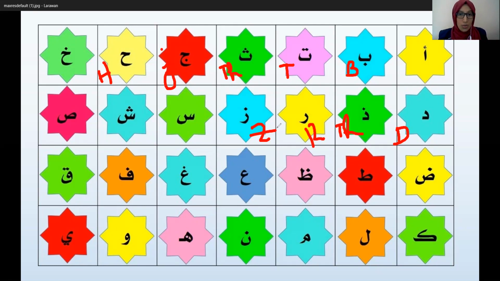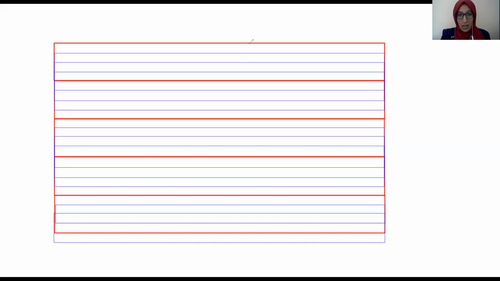I want to show you today how to start or how to write these letters on the line, because sometimes some people confuse some letters since they don't know exactly the size of those letters when we write. Okay, so I want to write Alif.